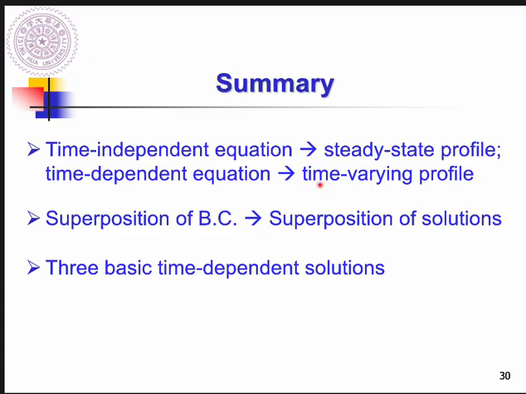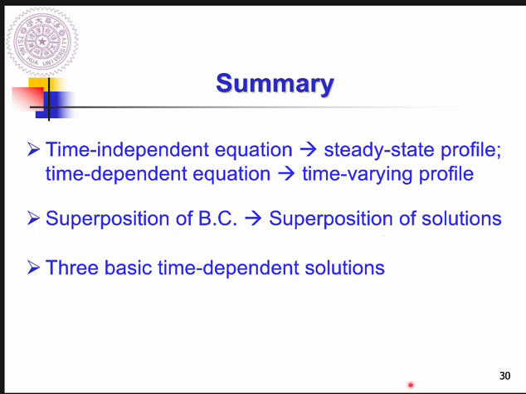And time varying means that we do have non-steady state diffusion patterns, which allow us to get the concentration of the diffusing atom changing with location and also time. And regarding some solutions, you can use a superposition technique to get the corresponding solutions.